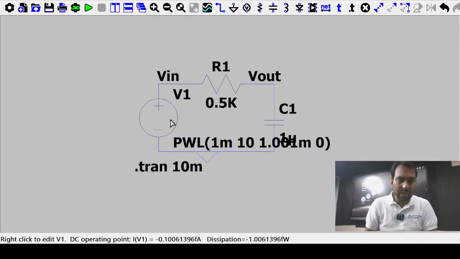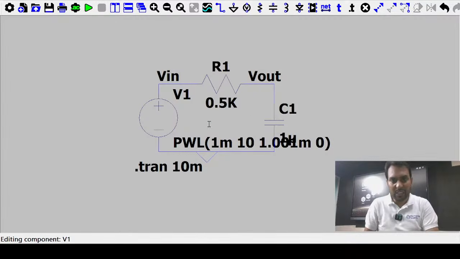So I am designing the input voltage in a way that till 1 millisecond it is 0, and at 1.001 millisecond it becomes 10, and it is maintained at 10 volt till 5 millisecond. Why 5 millisecond?